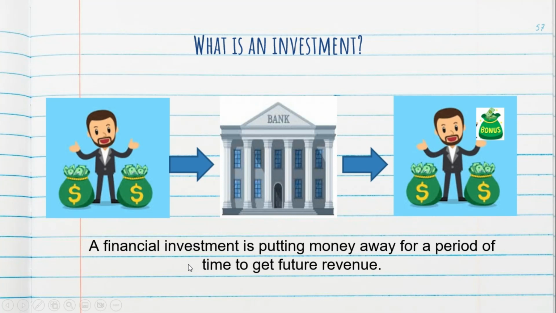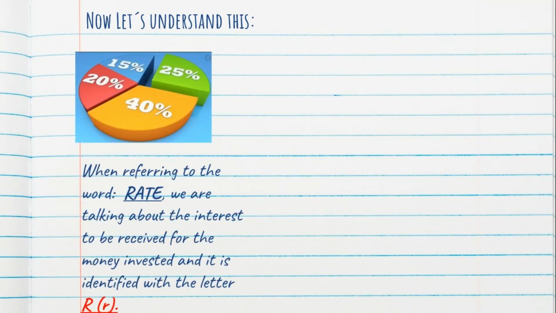A financial investment is putting money away for a period of time to get future revenue. Now, let's understand this. When referring to the word rate, this is the first word you have to learn and memorize in order to understand the formulas that are coming.